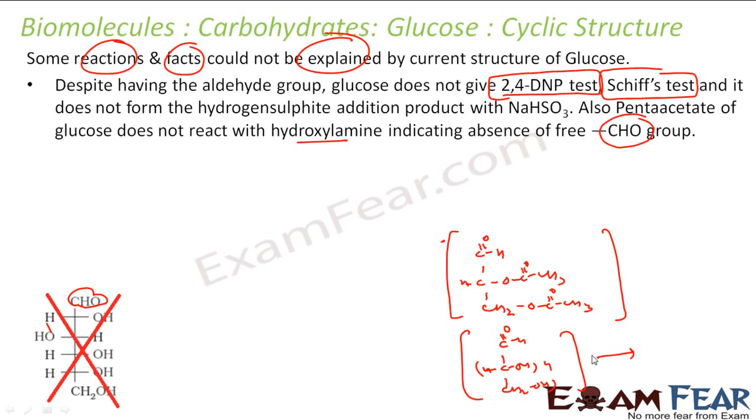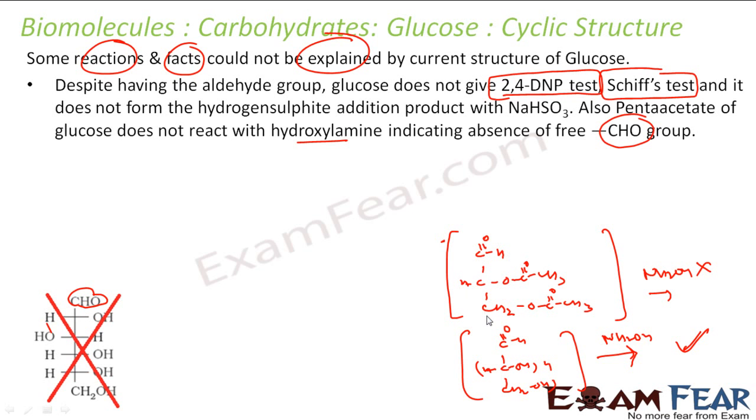So when this reacts with hydroxylamine, NH2OH, I believe, this works, this doesn't work. The question is why? Why does glucose react with hydroxylamine, but the pentaacetate of the same glucose does not react? That indicates that there is no free aldehyde here.